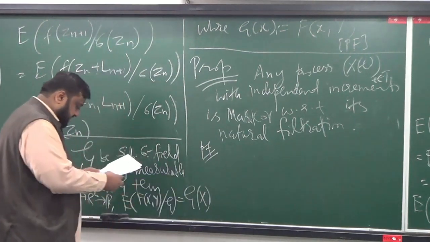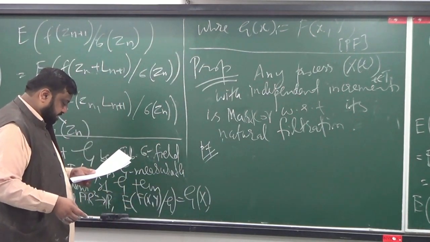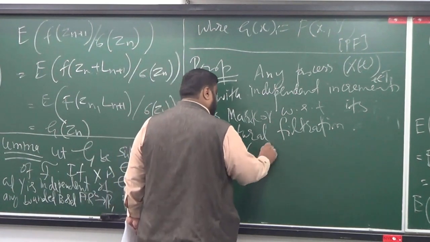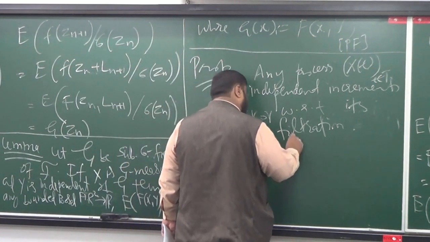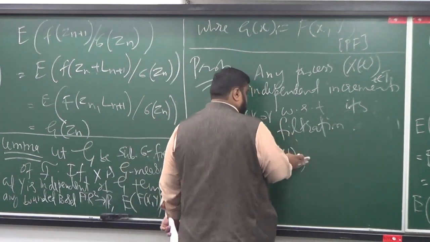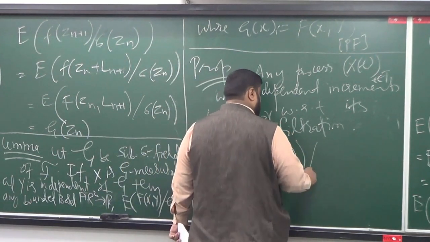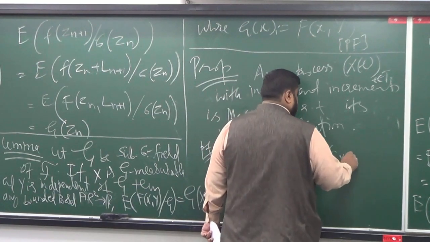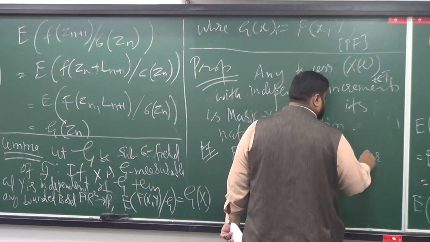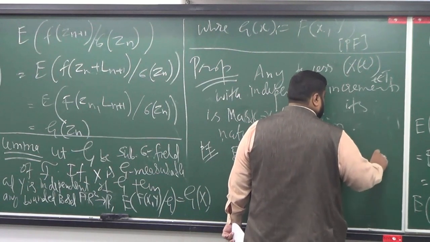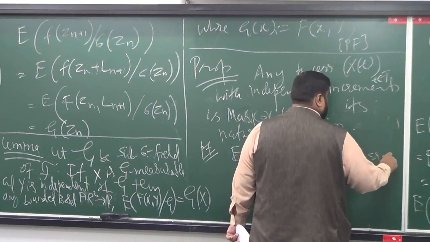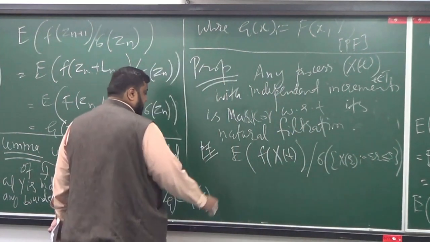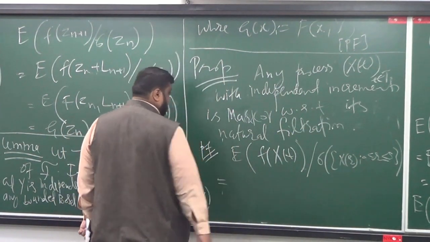Something else. Imagine I want to compute the expectation of f of x of t, with the same notation, given the sigma field generated by x of r, where r is everything from 0 up to s. What should I do?